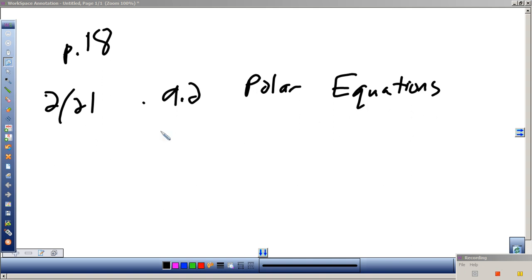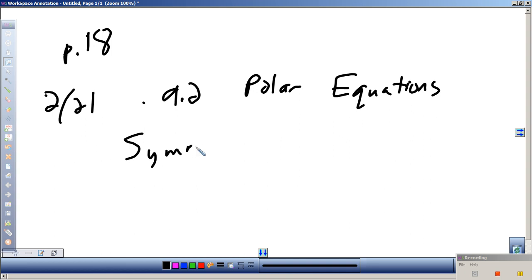Something we need to be familiar with is symmetry. What does symmetry mean? We've got 3 different types of symmetry we're going to deal with, and this should be familiar. First, flip across the line theta equals pi half. In rectangular coordinates, this would be the y-axis.